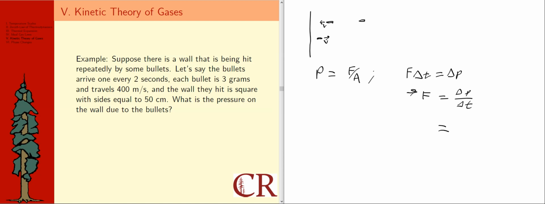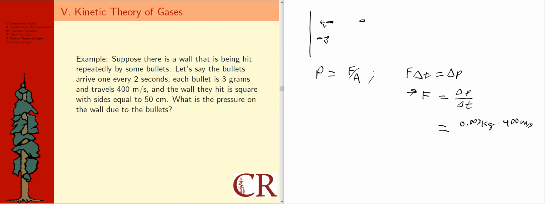So each bullet has a mass of 3 grams. Remembering that momentum is mass times speed, or mass times velocity, I'm going to say 0.003, converting to standard base units, kilograms for that mass, multiplied by 400 meters per second. That's clearly a momentum.